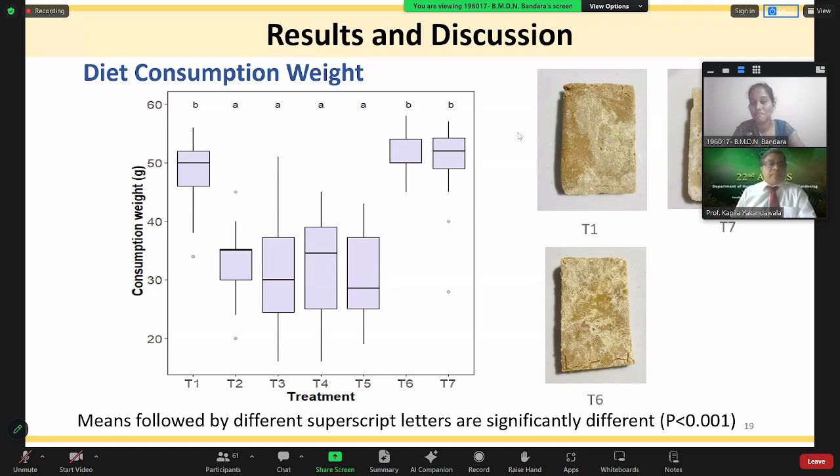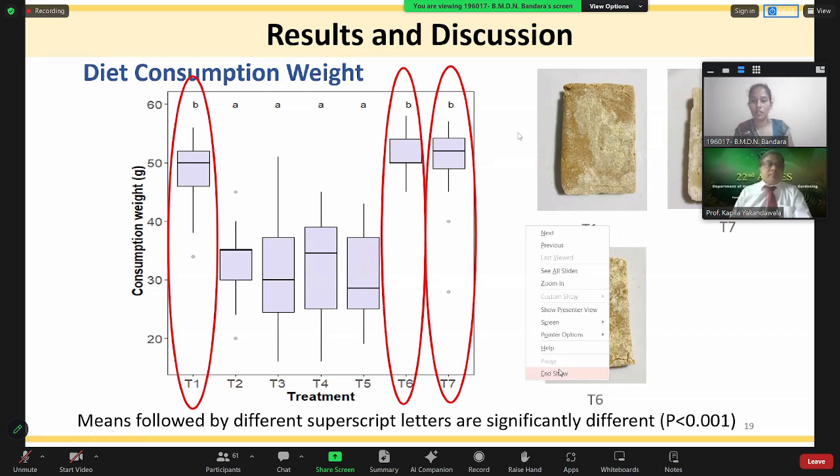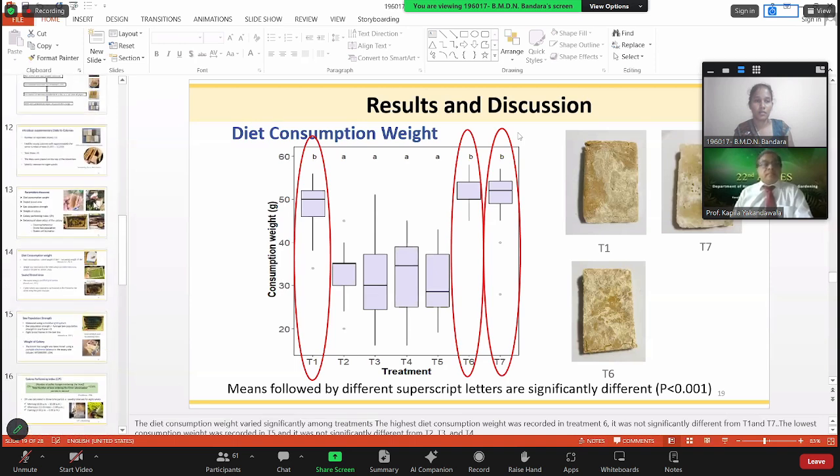Okay. Can we go back to your treatments, please? This is what I actually wanted to ask you. Can we go back to the treatment slide in the methodology?